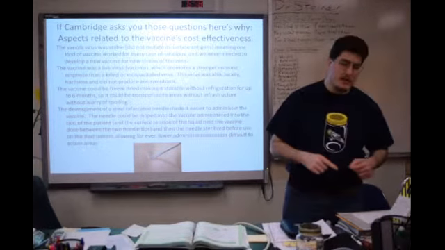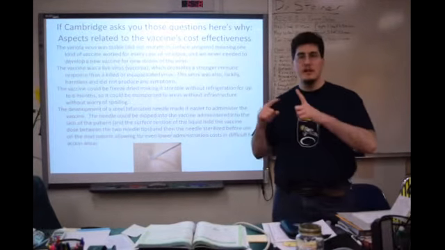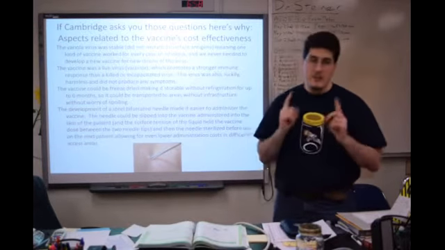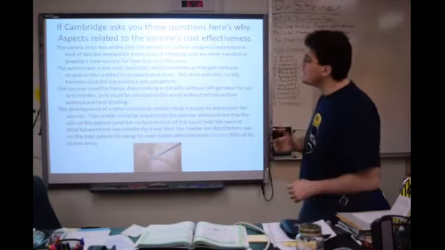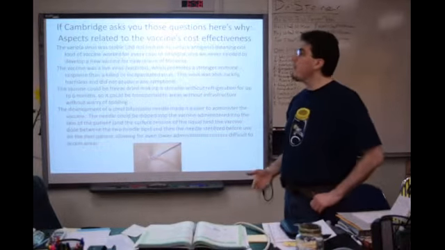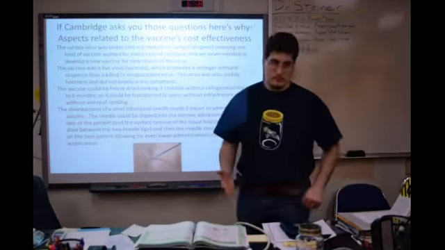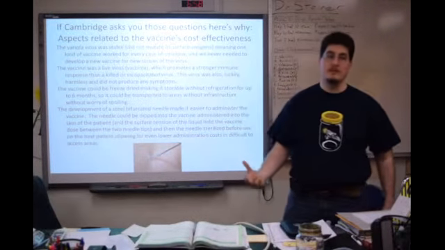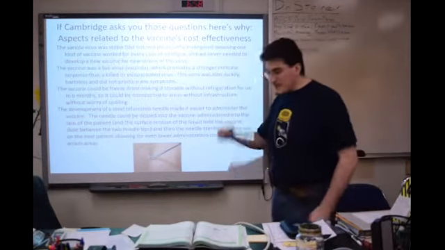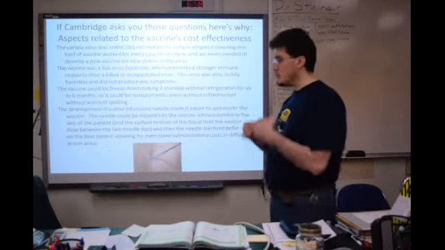The variola virus, the pathogenic agent, the causative agent, the virus that causes smallpox, is stable. And when we say it's stable, we mean it doesn't mutate. Its surface antigens remain the same.